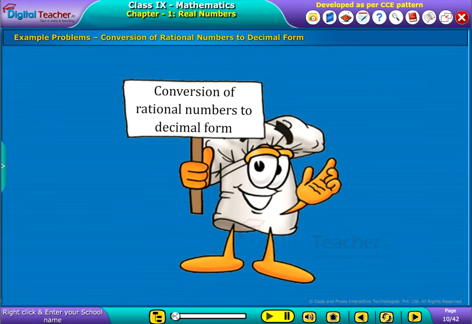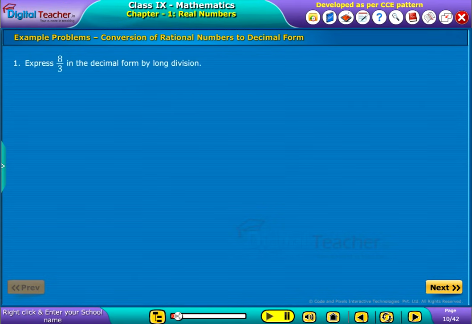Let us solve some example problems on converting rational numbers to decimal form. Express 8 by 3 in the decimal form by long division. Solution: By dividing 8 with 3, we get as follows.